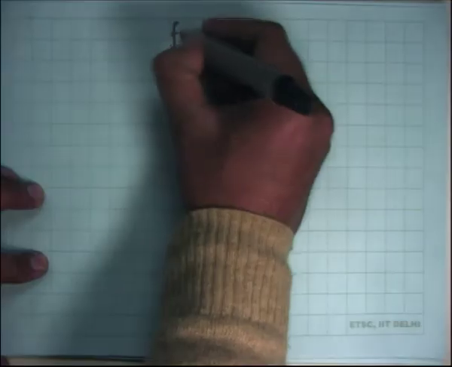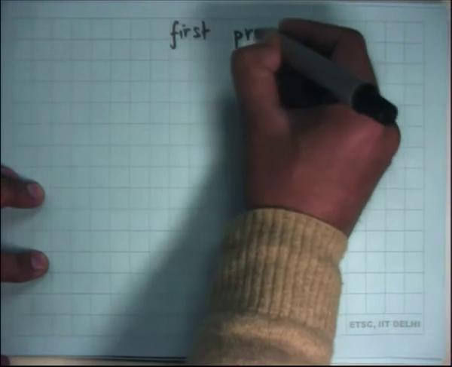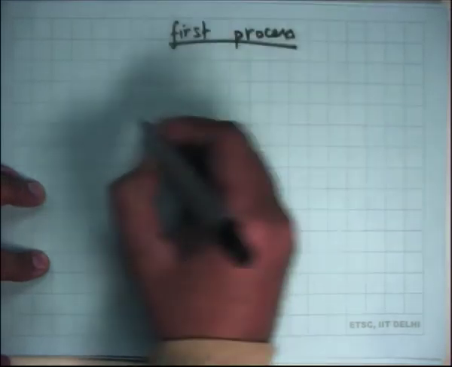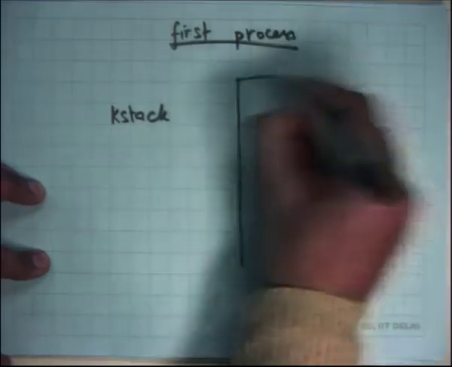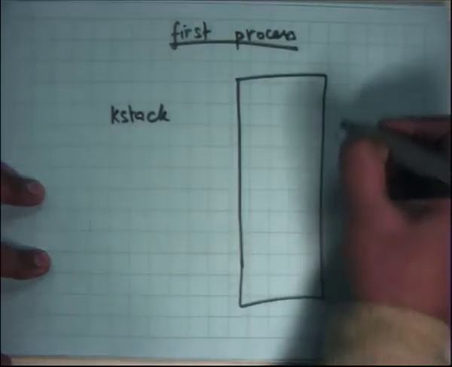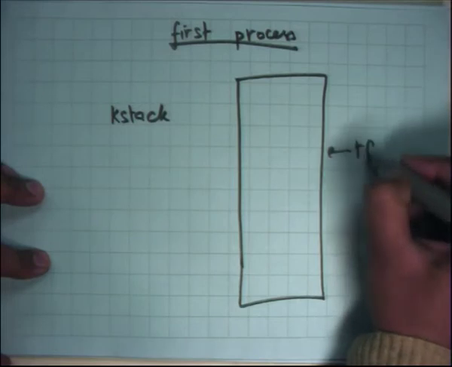Okay. So what does this tell us? It tells us that if I want to create the first process, I should initialize the K stack such that it has the trap frame, this is called TF.